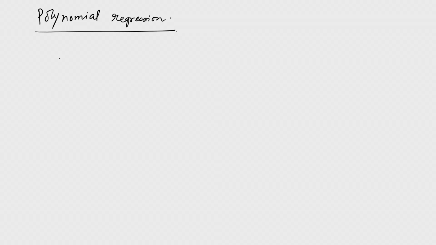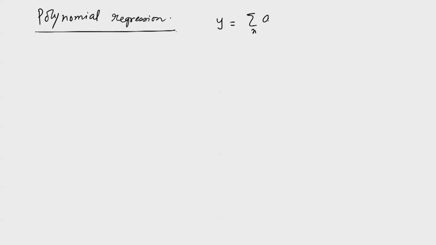A polynomial, as you know, involves all powers of x, that is a0 plus a1 x plus a2 x square plus a3 x cube plus a4 x to the power 4 and so on. So, this is like y equal to the sum of a_n x^n. n will vary from 0 to some power that you are interested in, but let us just talk about a quadratic equation.